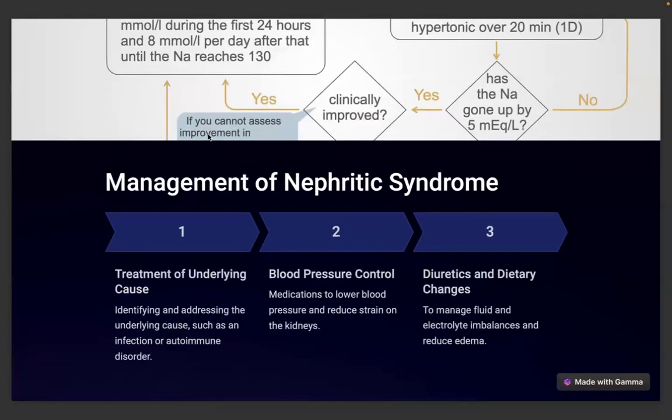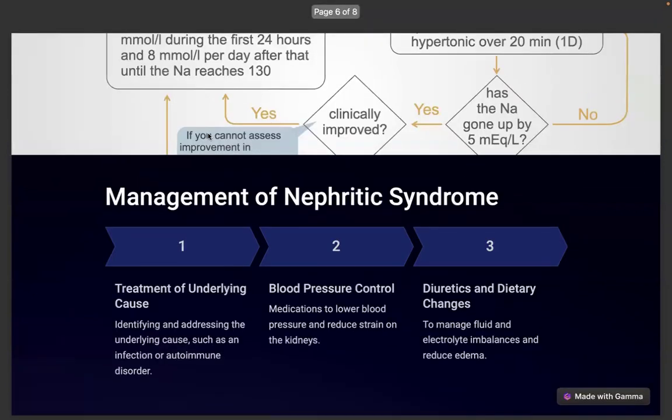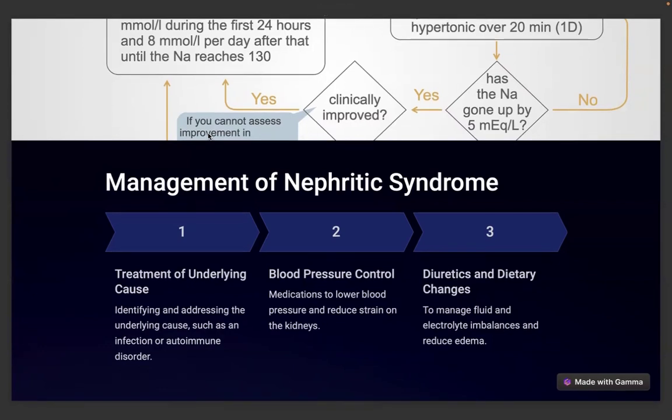So we now know what nephritic syndrome is, the pathophysiology of this disease, its clinical picture, and how we can diagnose it. So what is actually the management of this disease? Well, we should control the blood pressure. We need medications to lower the blood pressure and reduce strain on the kidneys.